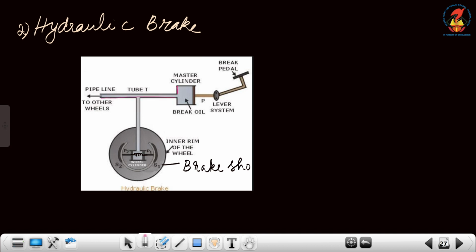One end of the tube consists of a master cylinder. This is the master cylinder, and this cylinder consists of a piston P. Now, this piston is connected to the brake pedal, the one which your parents used to put the brake, with the help of a lever system.